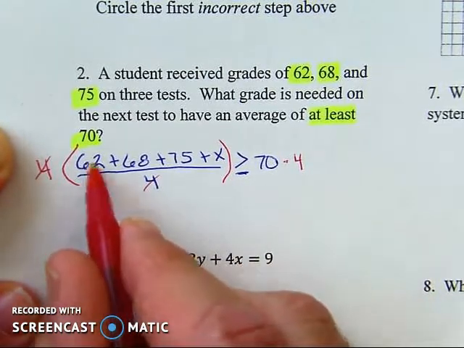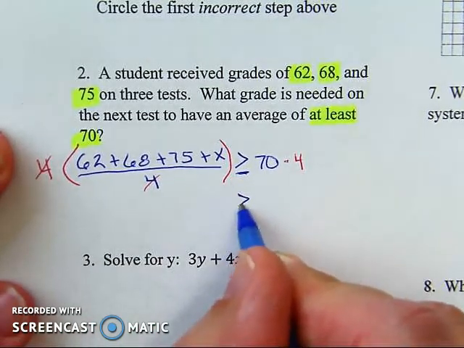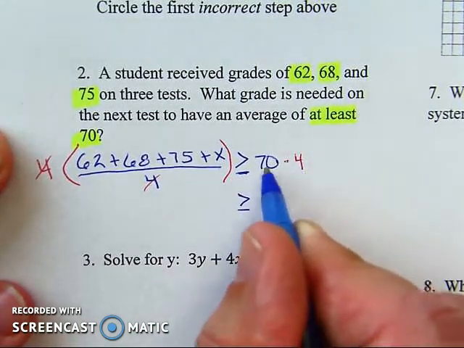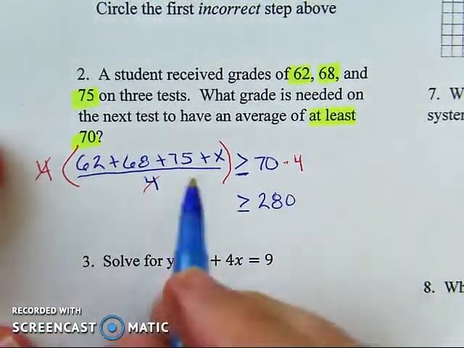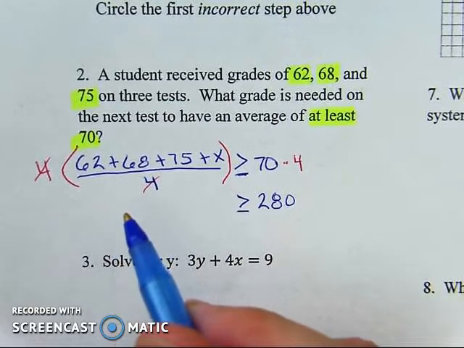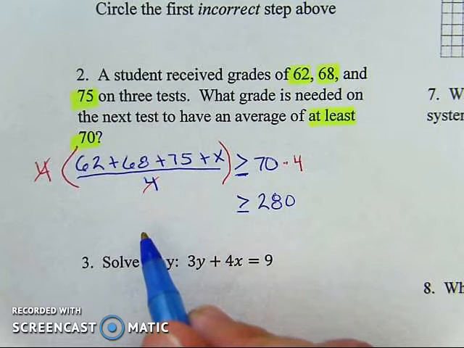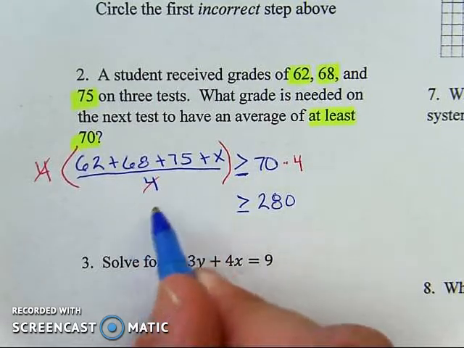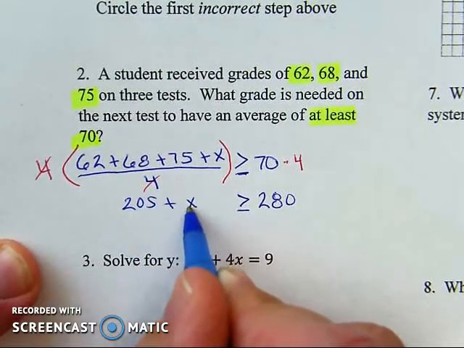And in the same line, I'm going to go ahead and add these 3 numbers together. So on the right side here, 4 times 70 is 280. And on the other side here, I need to go ahead and add these 3 numbers together. So I have 62 and 68 and 75. So that's giving me 205 plus x.